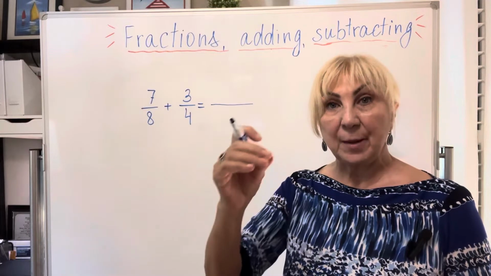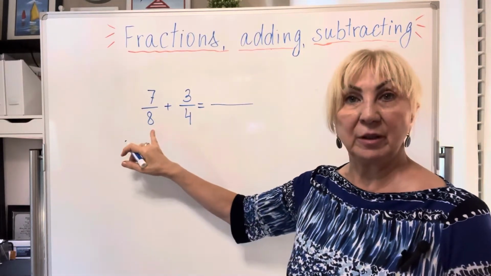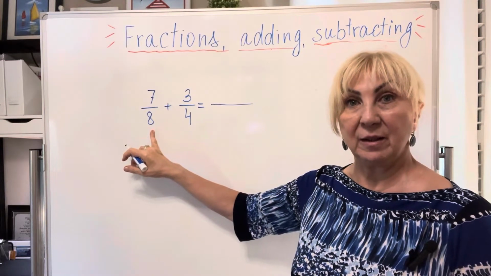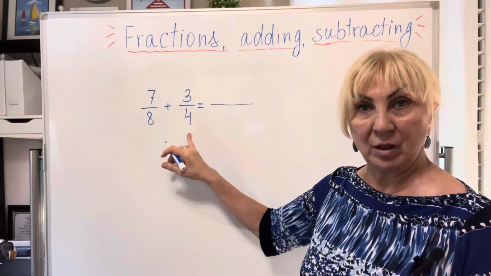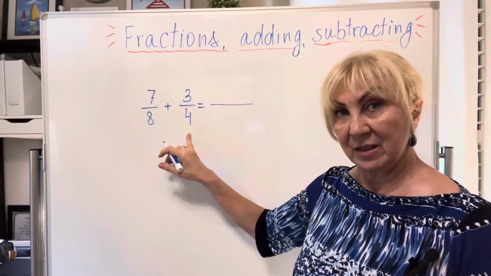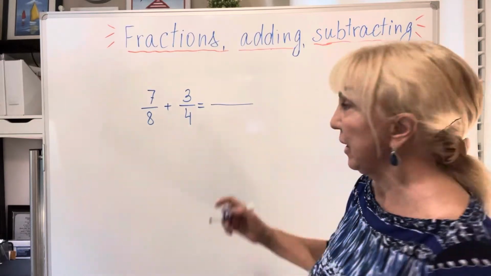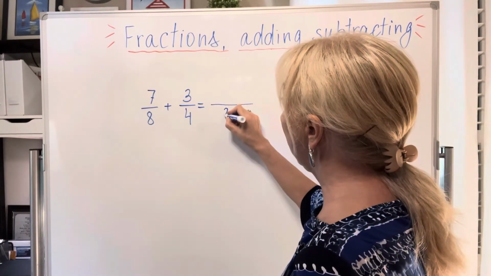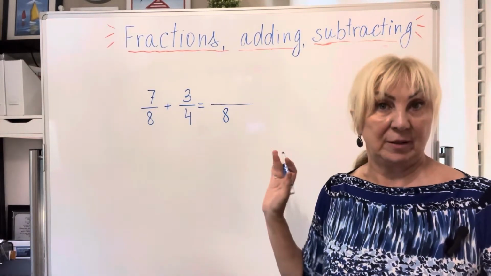The steps: look at the larger denominator, 8, and see if it is divisible by 4. In this case, yes. Then 8 is our least common denominator. So we figure out that the least common denominator of those two fractions is 8.